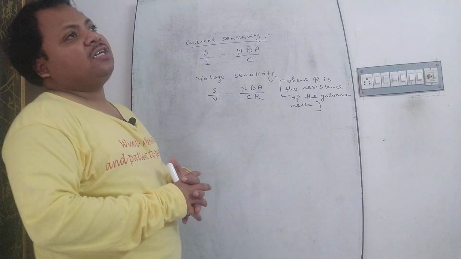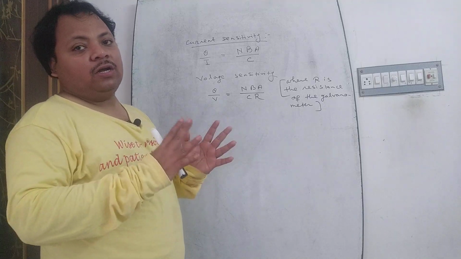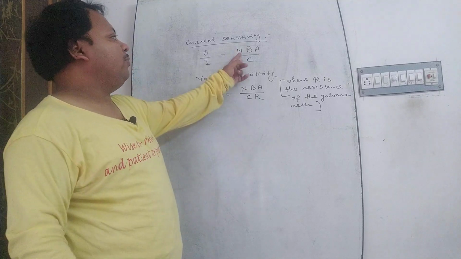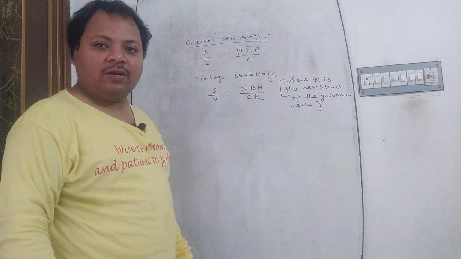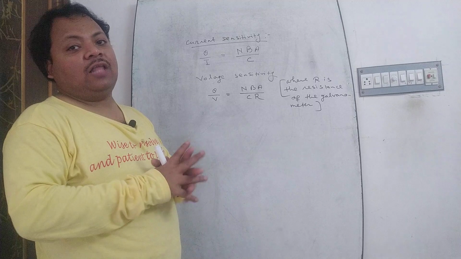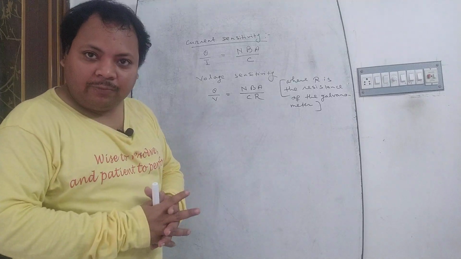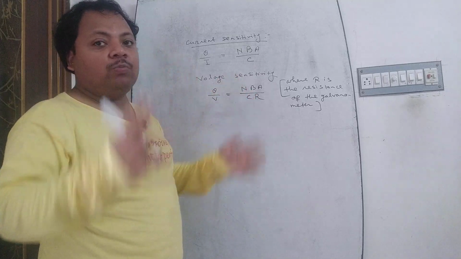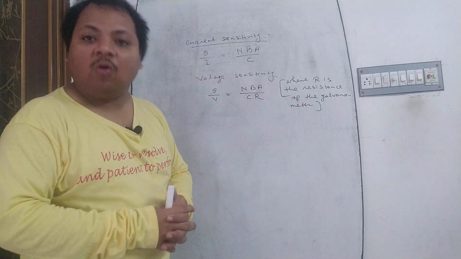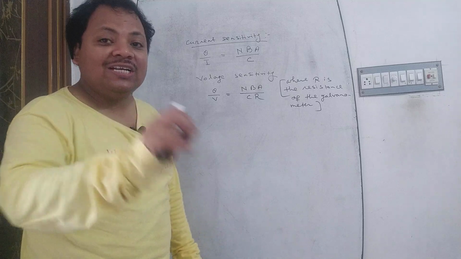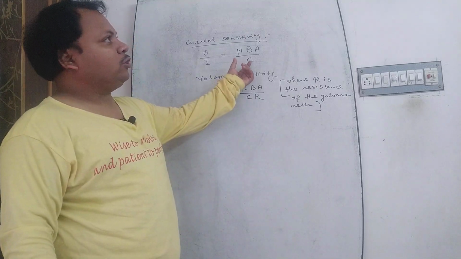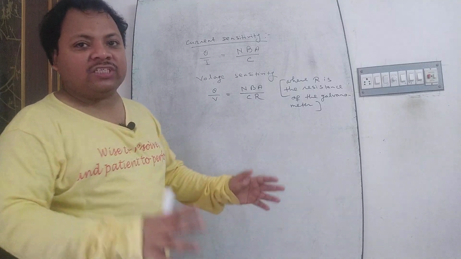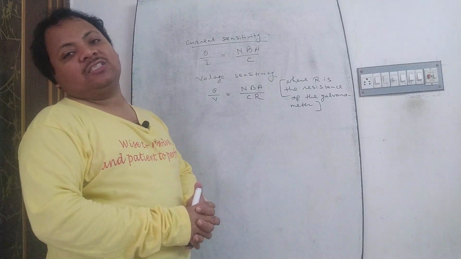Therefore, to increase the sensitivity of the moving coil galvanometer, we have to increase the number of turns, capital N, increase the intensity of the magnetic field, capital B, and the area of cross section of the coil, and decrease the torsional rigidity of the wire from which the coil is suspended.